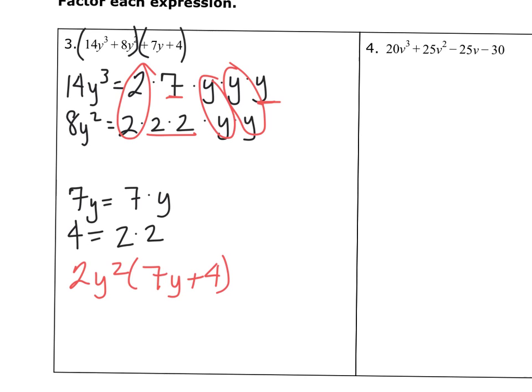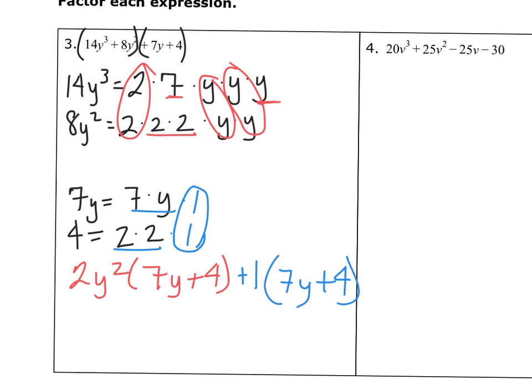And then in my second two terms, what do I have in common? Nothing. But I'm going to point out, I could say times 1 and times 1, and that's the same thing, right? So technically, they have times 1 in common, because we have to have something to factor out. So I can factor out a 1. And then what's left over? 7y plus 4. Oh, good.